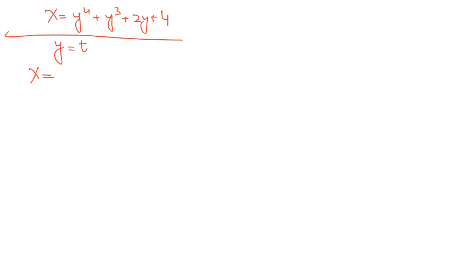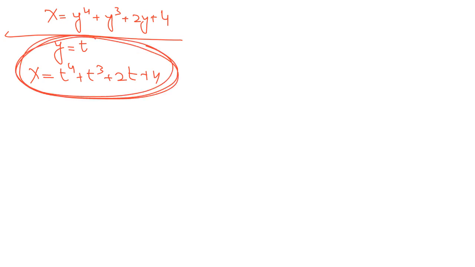Now if I write x is equal to y power 4 plus y power 3 plus 2y plus 4, in this case which variable is the independent variable? Anybody can tell me? Y. So we have to choose y is equal to t, then x becomes t power 4 plus t power 3 plus 2t plus 4. So the x and y equations are called parametric equations. This is the x equation and this is the y equation.